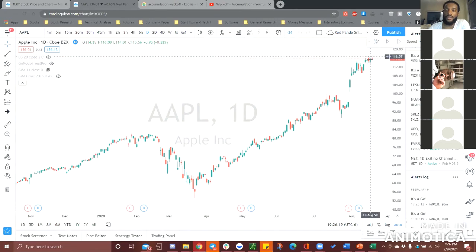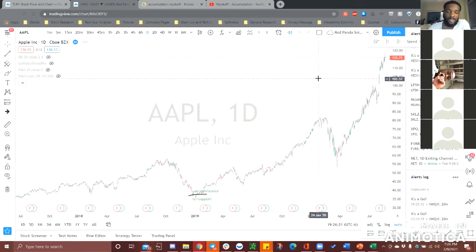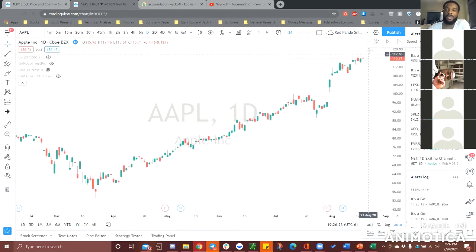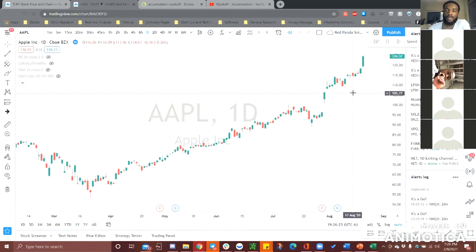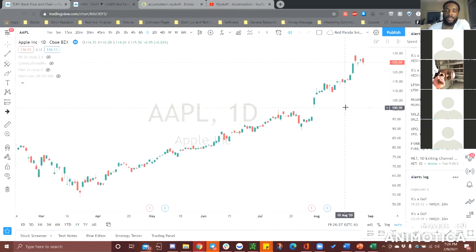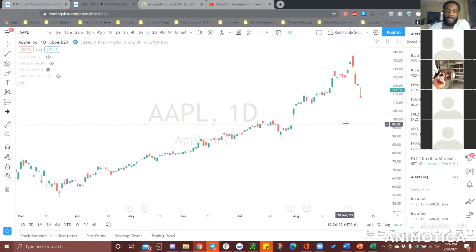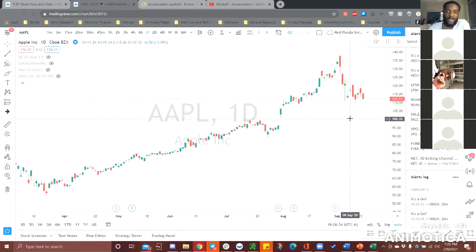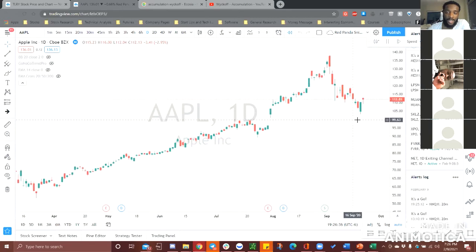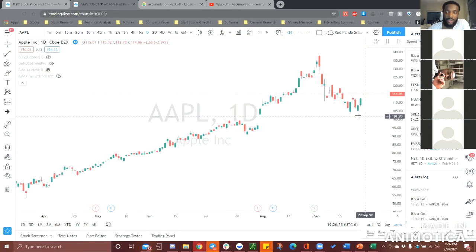Right here, this is an all-time high, so I'm not buying there. It gapped up here. I would probably wait for it to come closer to the gap area, because this is a gap I expect to get filled. So I'm going to wait until it gets at least below 100 or so.